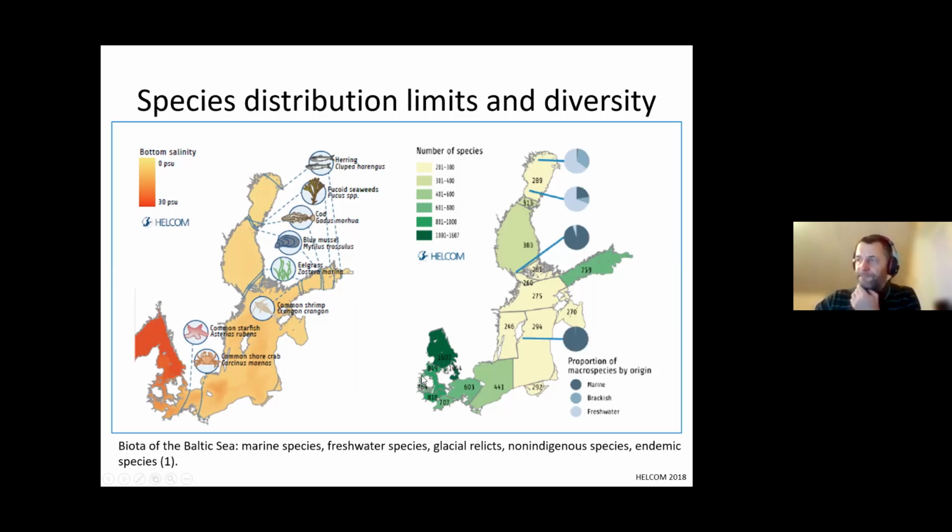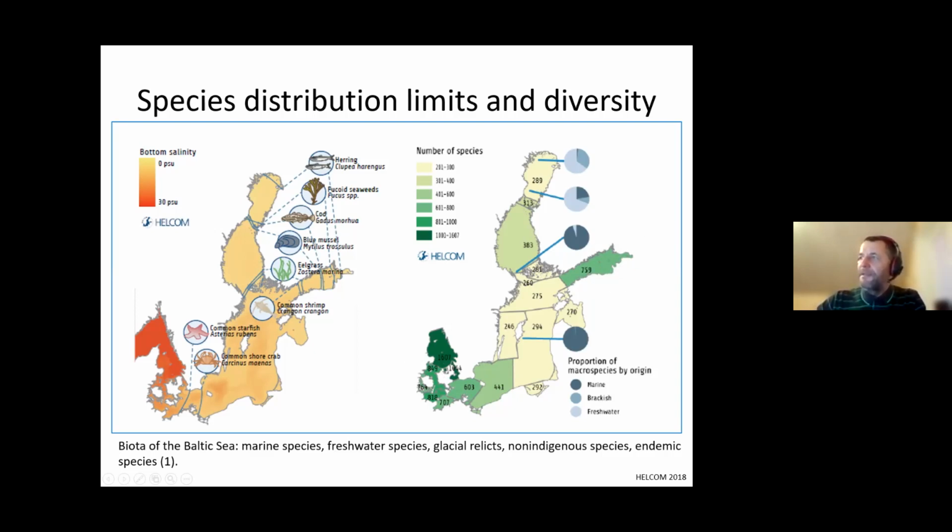The number of species is also tied to the salinity conditions, and as you can see, the species diversity is fairly high in the westernmost part, over 1,000 species in some areas, and much less in the middle of the Baltic Sea, while a bit increasing in some parts in the north and northeast, because those areas are very fresh, and some freshwater species are coming in, essentially here in the Neva estuary and the eastern part of the Gulf of Finland.